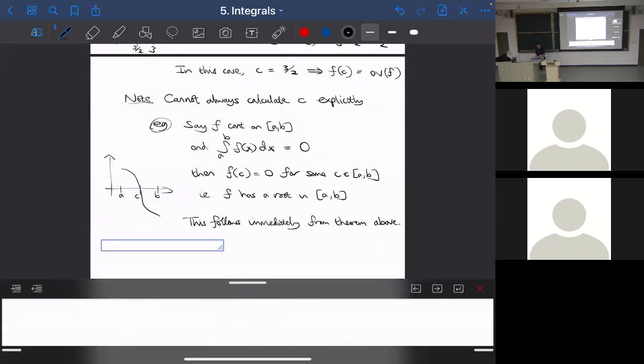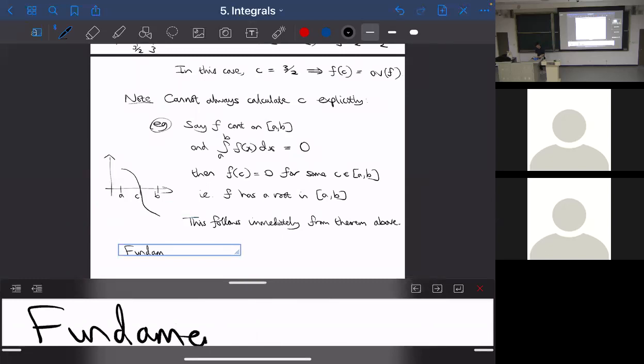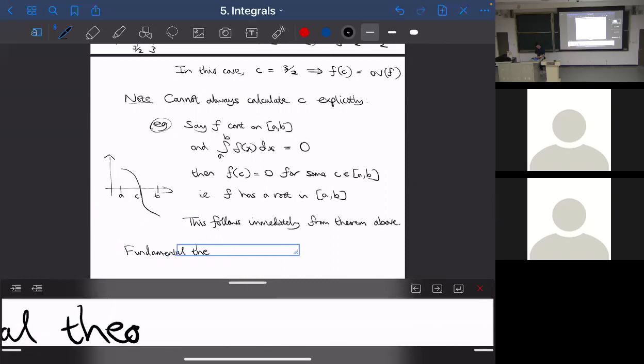So now, very important, using what we've established there, we can start to use and prove what's called the fundamental theorem of calculus.